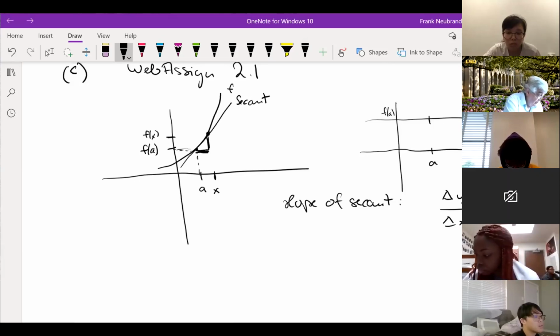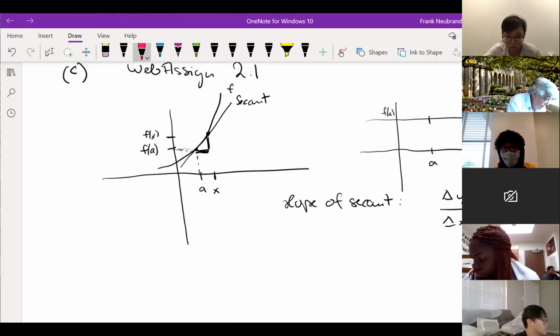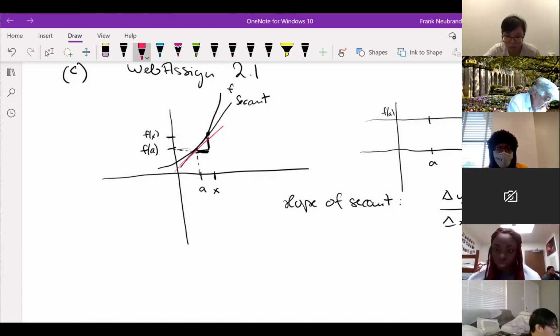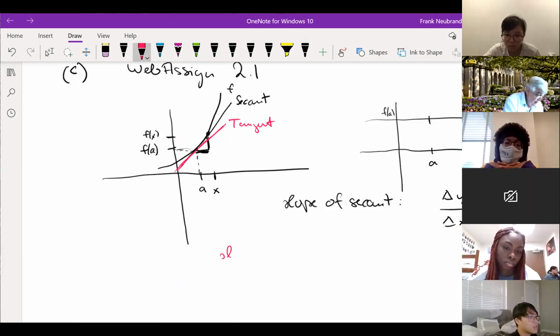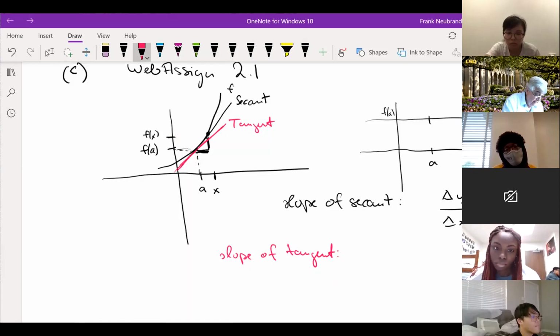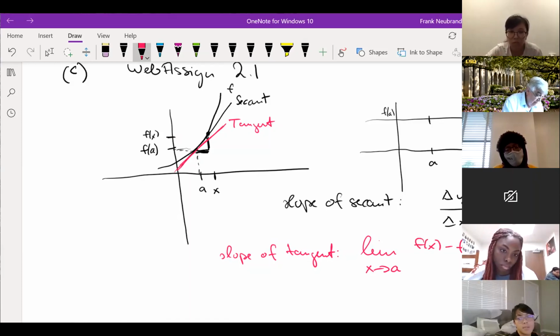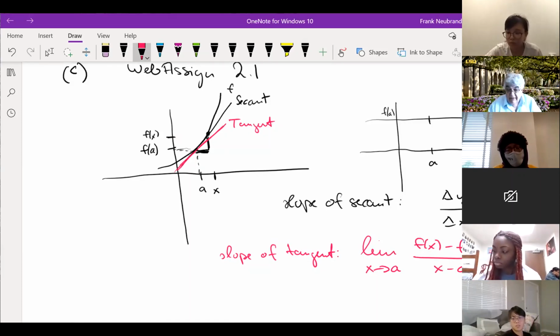So the slope of the tangent line will then be the limit where we take an x very, very close to a.